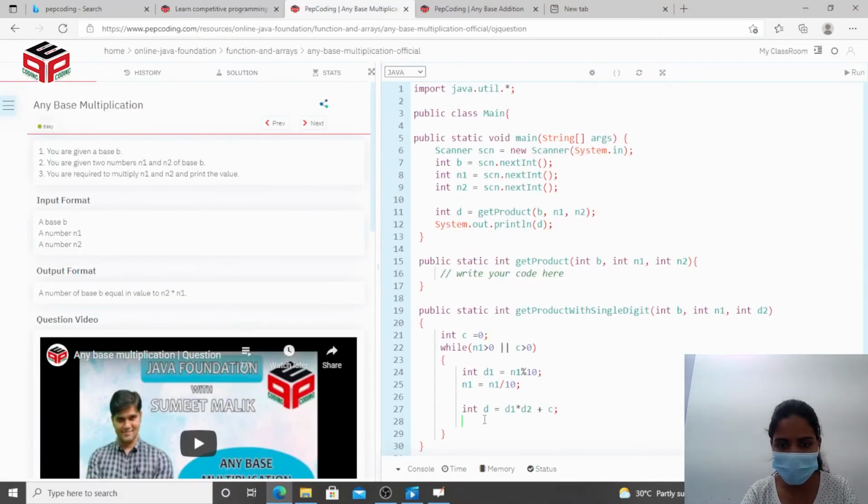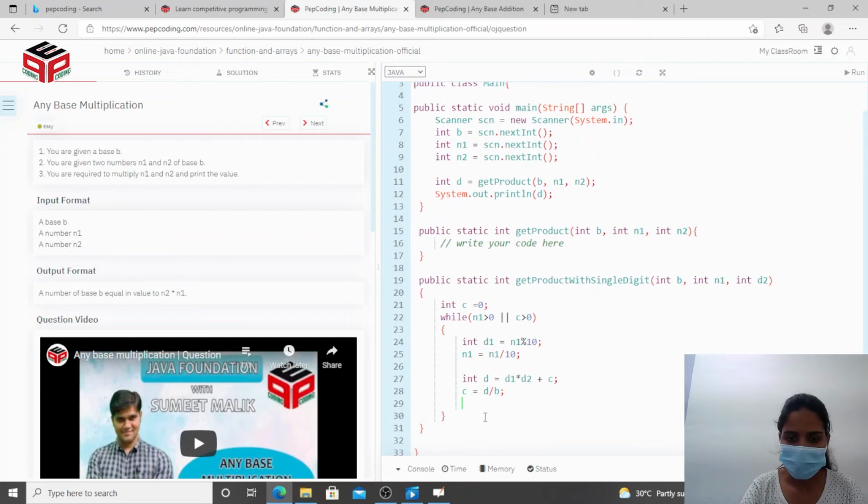So this is not my original D. Carry will become D divided by B, and D will become D modulo B. D modulo B will be the answer digit, and whatever we receive in the quotient will be my C, that is carry. Okay.